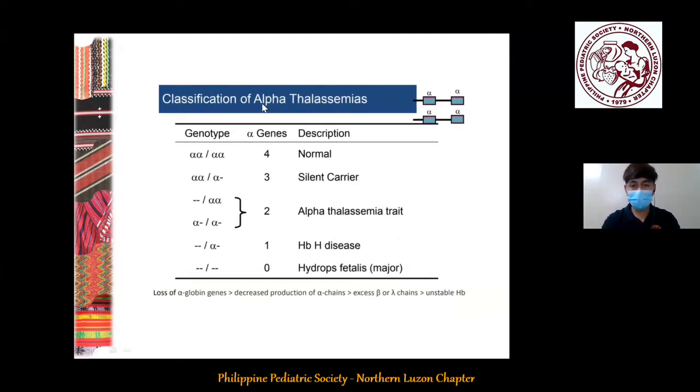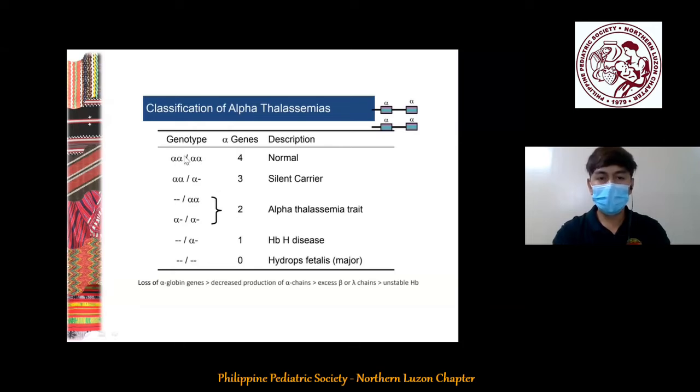For alpha thalassemias, sa mga may na-encounter na po, we have 5 classifications. Isa, normal, kapag 4 po yung alpha genes. Second, yung silent or carrier kapag 3 ang alpha genes na meron.